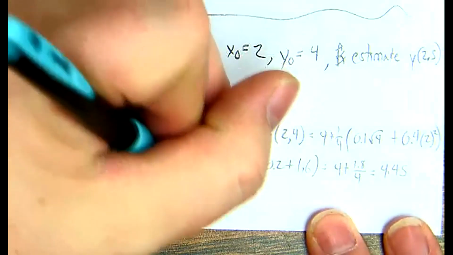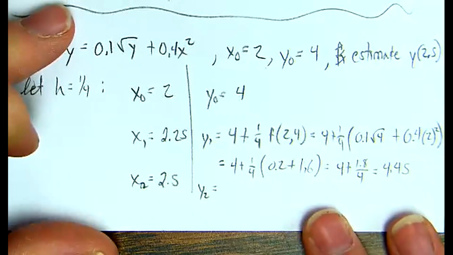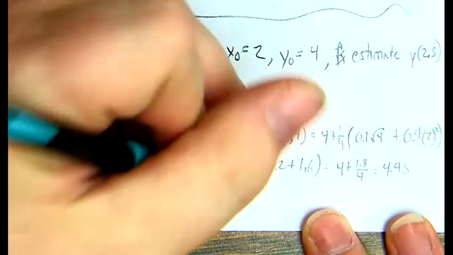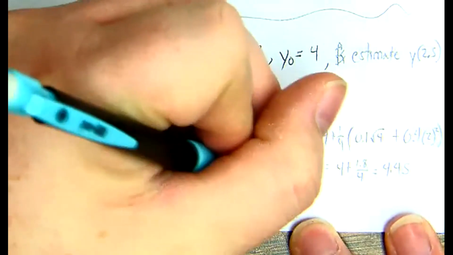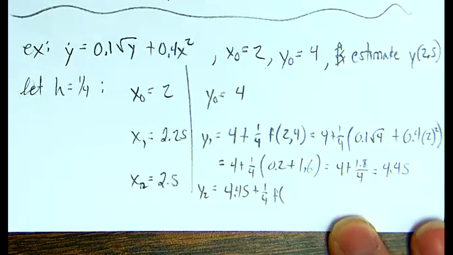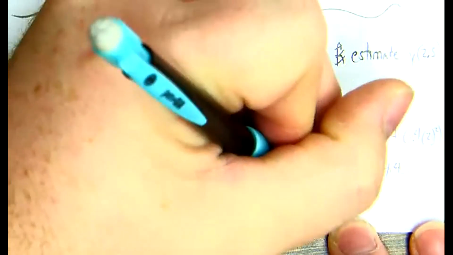And my next estimate, my estimate at 2.5, is going to be my previous y value plus h times f evaluated at my previous point, 2.25, 4.45.